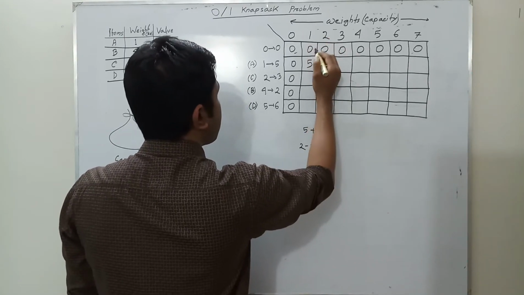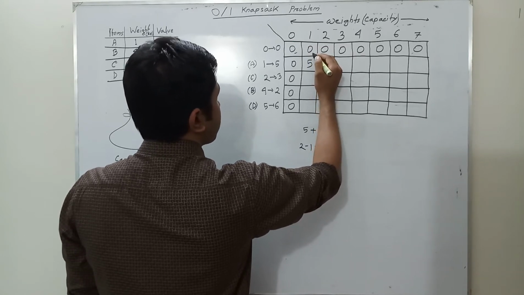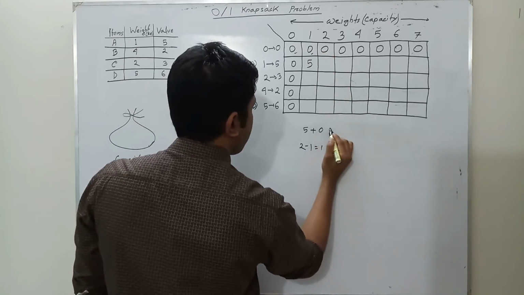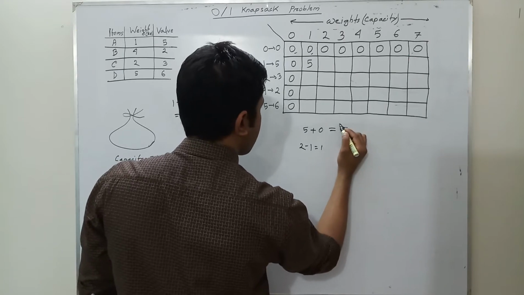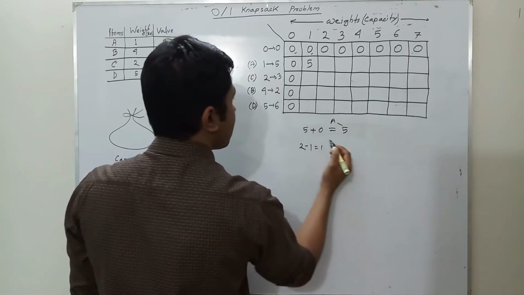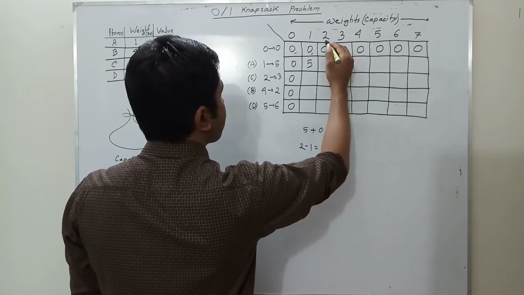This will represent here, and the maximum obtainable value on this field is 0, so it equals 5 using the item A. And not using the item A, the maximum obtainable value will be 0 when the capacity of the knapsack is 2.